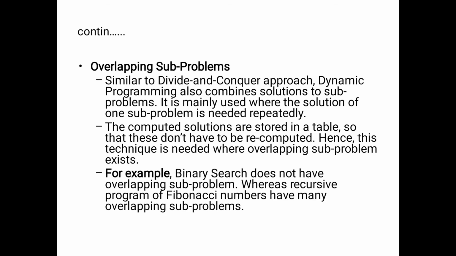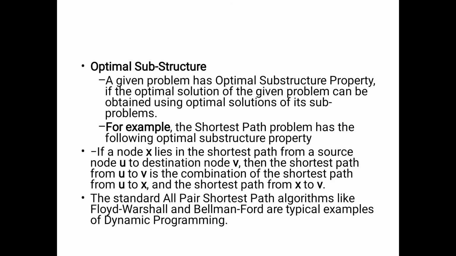Optimal substructure means the given problem has the property that the optimal solution of the given problem can be obtained by using the optimal solutions of its subproblems. This is the optimal substructure.